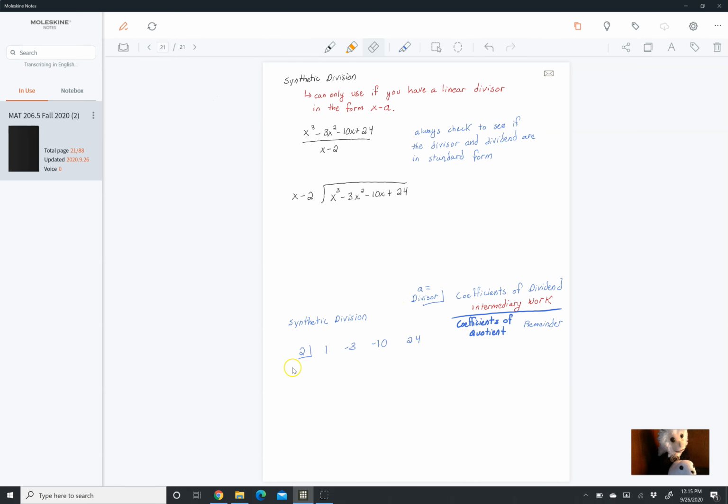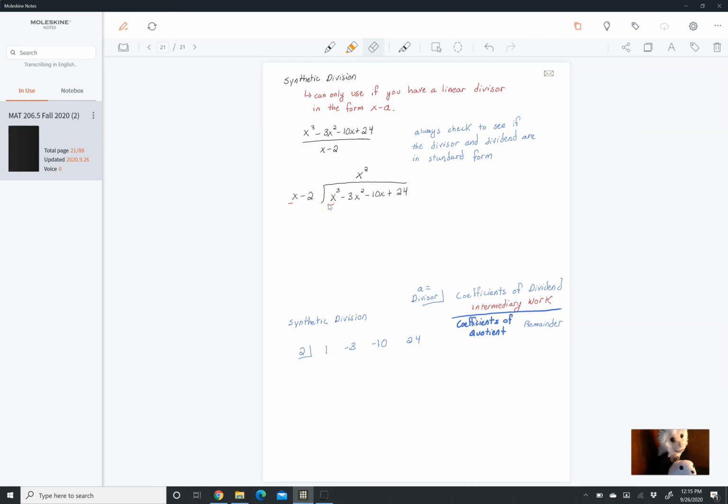Okay, so let's do this simultaneously. If you remember, our first question is, how many times does x go into x cubed? And we said x goes into x cubed, x squared times. So I want you to notice something. This is our quotient, and the first coefficient of the quotient is the same as the first coefficient of the dividend.